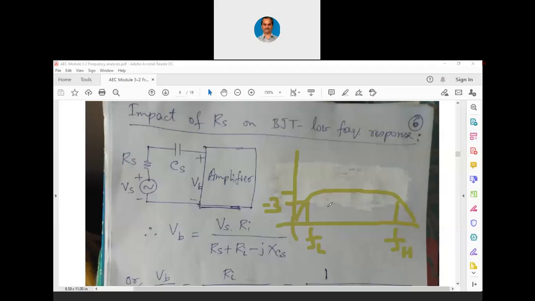So yesterday we had three values: the input capacitor's value or the base capacitor's value was having a lesser frequency, the collector capacitor's value or the output capacitor's value is having a middle range frequency, whereas the emitter capacitor's value was having the highest frequency. That is when I told yesterday that the emitter capacitor is deciding the low frequency response of the amplifier.